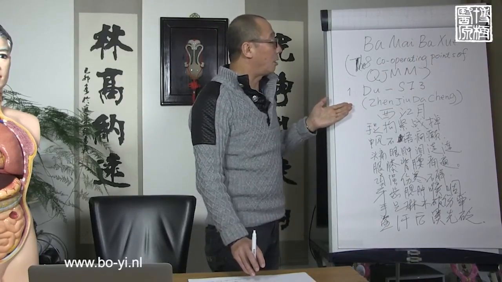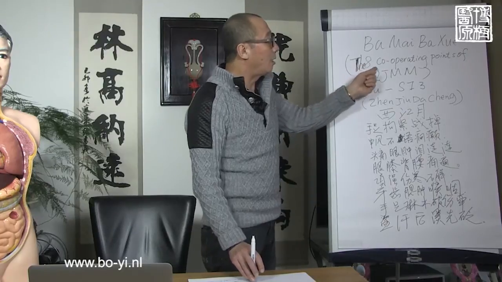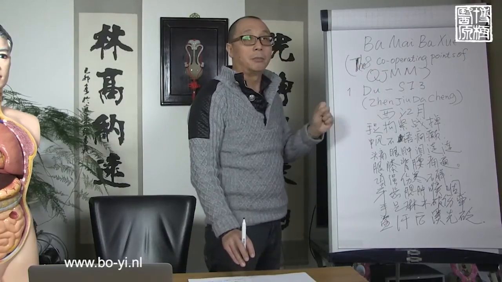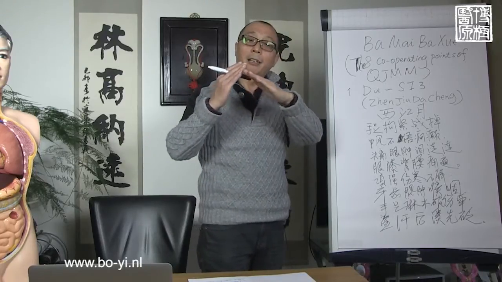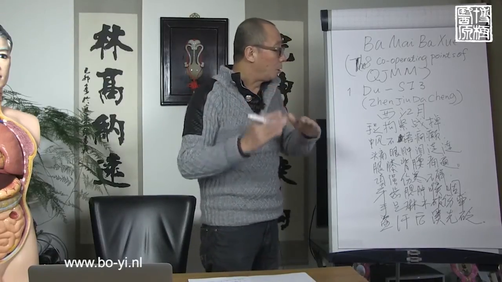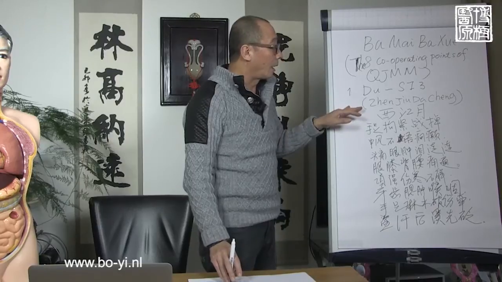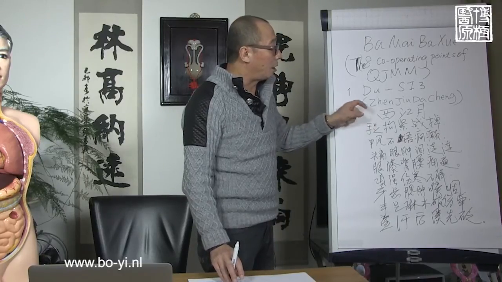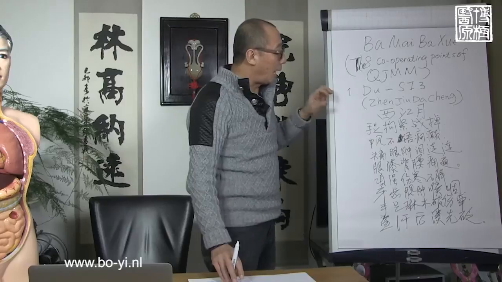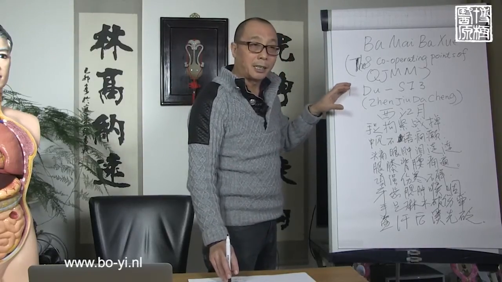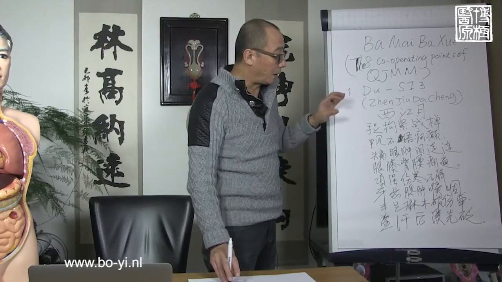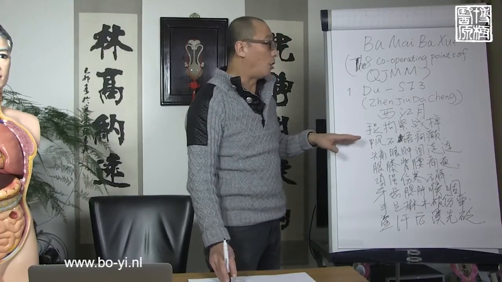What is the best name? We can call it the 8 cooperating points of Jing Qi, because they are not really crossing, they are not really confluent. For these 8 points, the book Zhen Jiu Da Cheng gives, for every point, the clinical application and clinical manifestation of pathology in a very good poem.